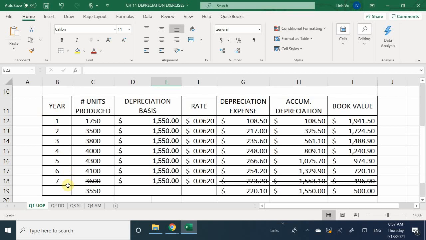But if I add all my numbers together, my main goal is that it doesn't matter how old your machine is. If it goes beyond capacity or if it meets its capacity, that's it. It shouldn't be able to produce anymore. So it's like if I bought a printer, and its capacity is that it can print out 100,000 sheets.